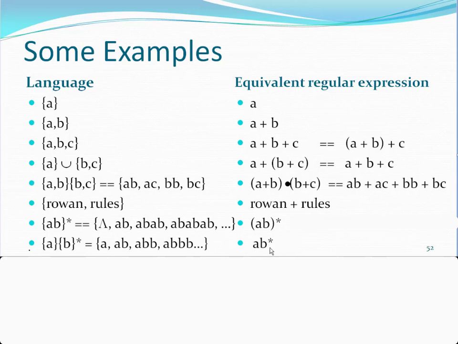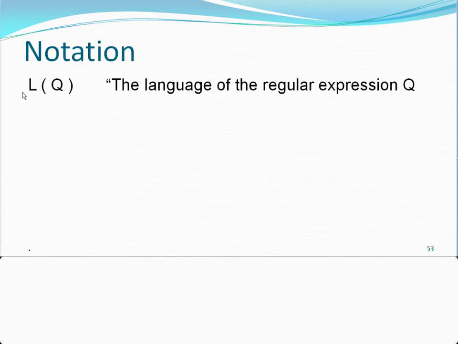Now, right now, I'm just showing you some examples. We're going to do a lot more examples of how to switch between a language and the equivalent regular expression. So don't feel like you have to know exactly how to do this yet, but I just wanted to give you a feel for what's going on before we get more detailed. We're going to use this L of notation to mean the language of.